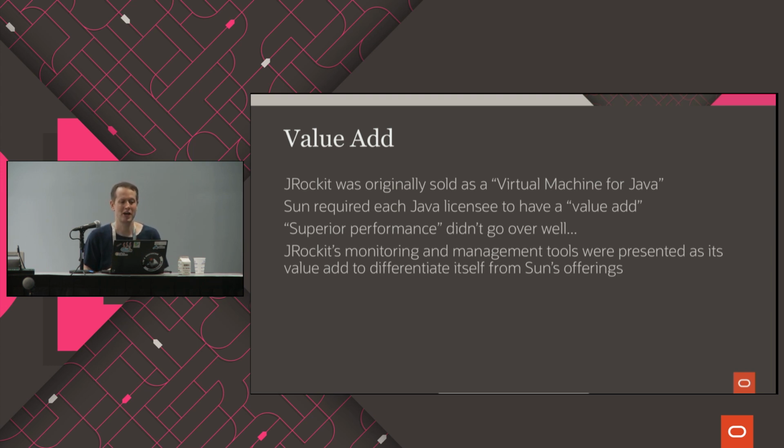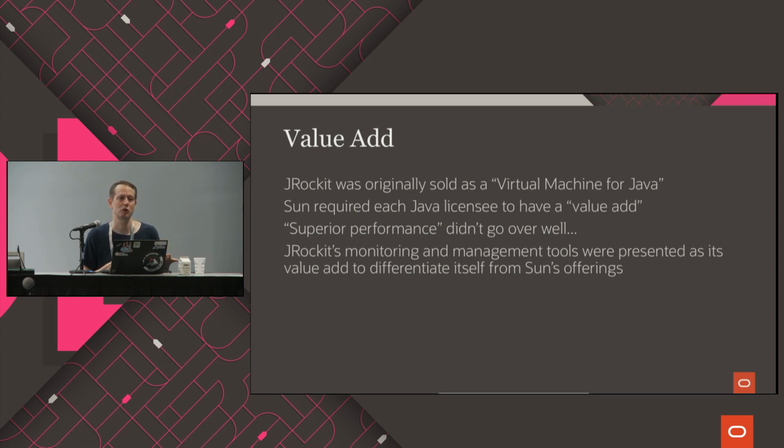And the reasoning behind that is that to get an actual proper Java license from Sun, you had to say that you had a quote-unquote value add. You had to bring something new to the Java ecosystem or cover some sort of gap that wasn't there before. So for most vendors, it was obvious they were just porting Java to a new platform, and that was a very easy to understand value add.